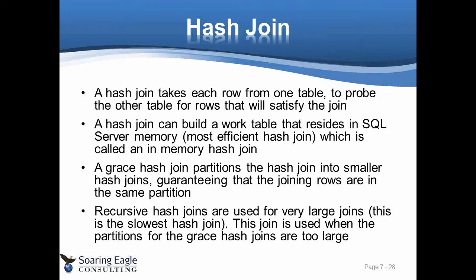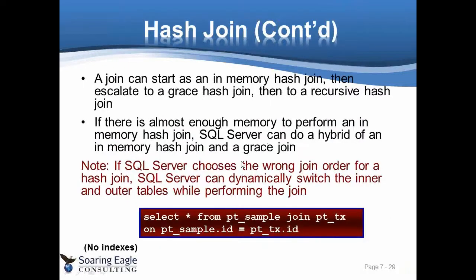So what the documentation says is that the hash join takes one row from one table and probes the other table for rows that satisfy the join. I can't find documentation anywhere on what probe actually means or how that works. However, the documentation talks about hash joins, grace hash joins, recursive hash joins, and a fistful of others that we honestly don't want to have to deal with.